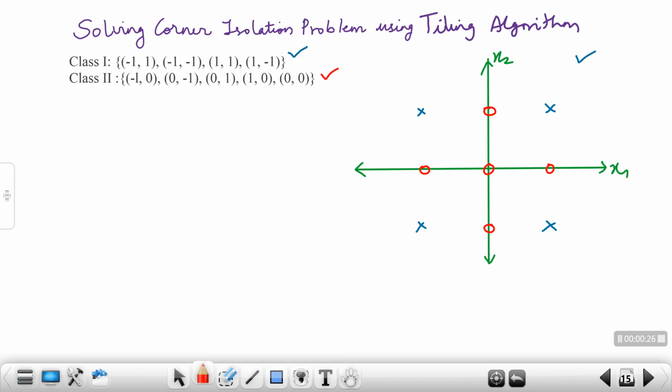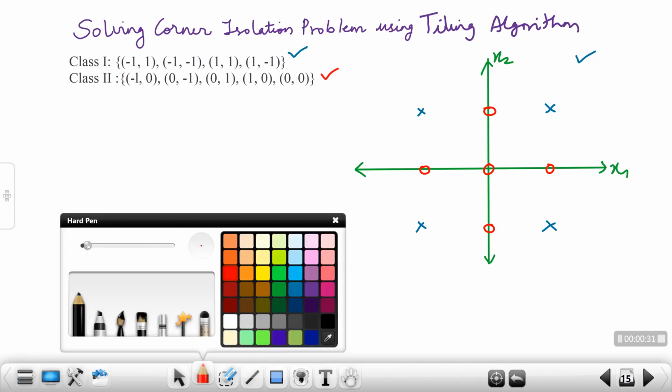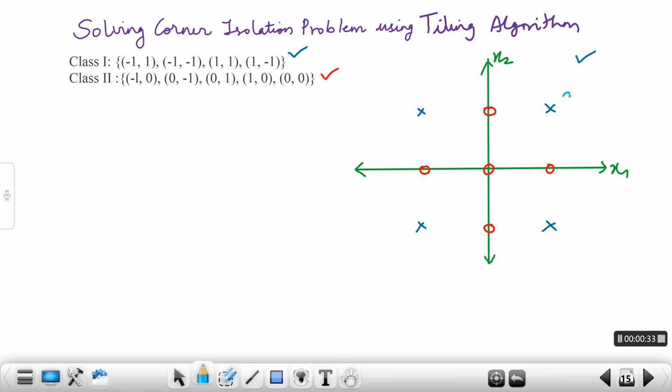So the first step is that in the tiling algorithm we shall be naming these patterns with some alphabets. These are the names which are given. Now based upon this we can form the pairs of class 1 patterns and class 2 patterns, so any class 1 pattern and any class 2 pattern.